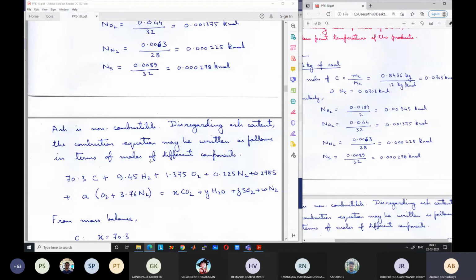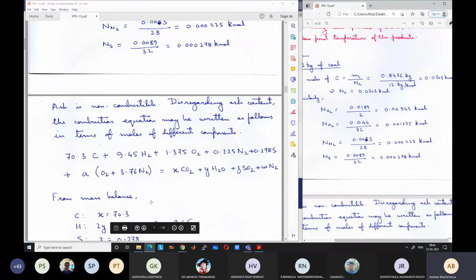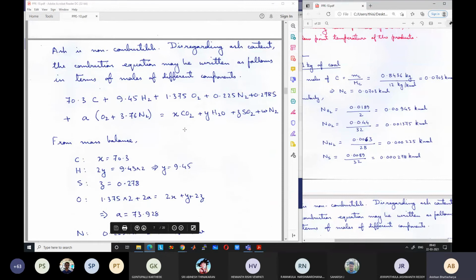This plus, say, A moles of air, we don't know the number of moles of air which is required for exact combustion. Say A moles of air is required for exact combustion. So A into (O2 plus 3.76 N2). This leads to X moles of CO2 plus Y moles of H2O plus Z moles of SO2 plus W moles of nitrogen.